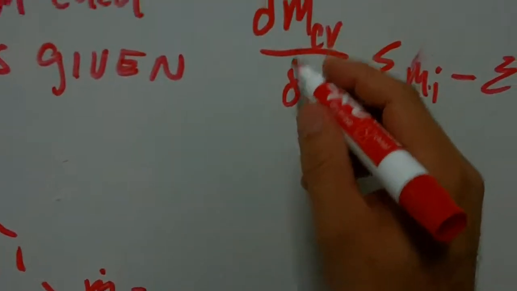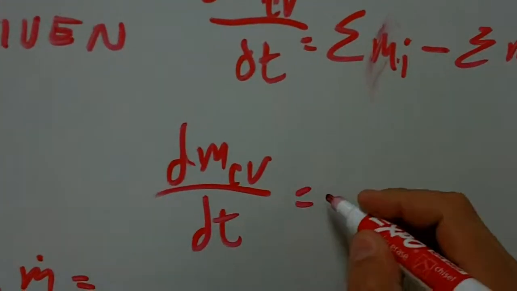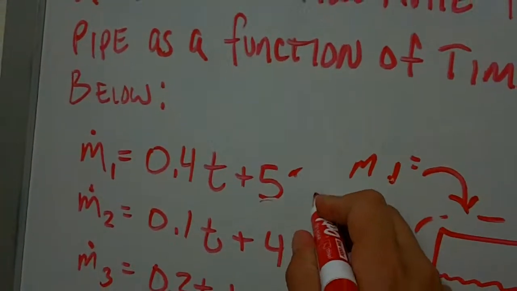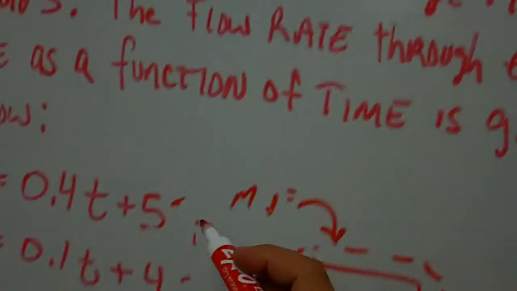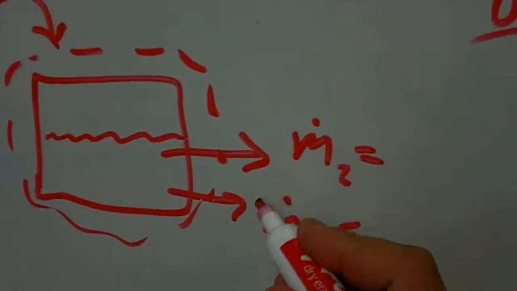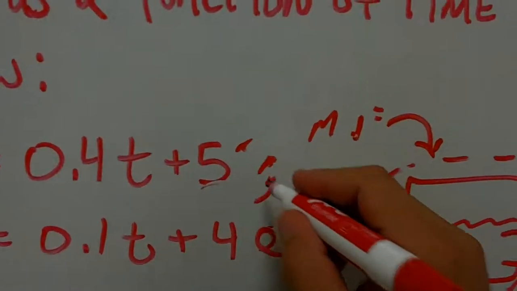We know that the rate of change of mass of the control volume with respect to time is going to be equal to the function of the inlet, which is this one. And then we know that pipes 2 and 3 are leaving the tank, so they are draining it, so these would be our exits, and this would be our inlet.